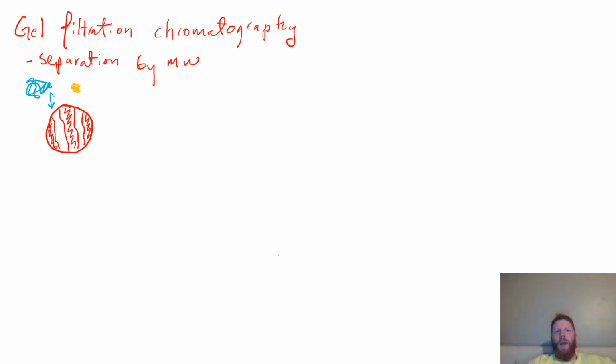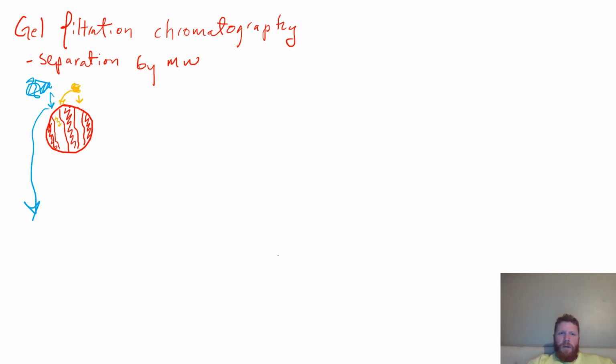And so what is going to happen is that protein is basically going to see this opening, and it's going to migrate quite quickly past it. On the other hand, we have our small orange protein. What is that going to do? That's going to enter the pores within this column, and what's going to happen to it is it's going to basically get stuck. Now, it's not going to get stuck permanently.